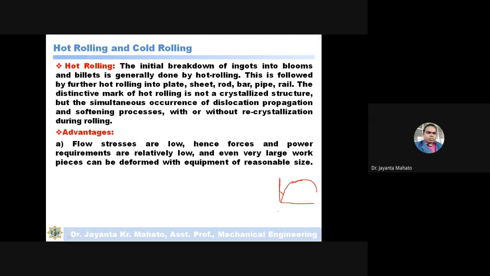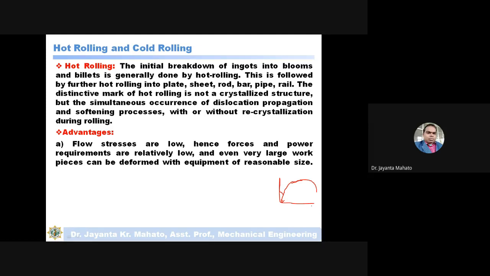So the stress required from initial up to the ultimate tensile strength is called the flow stress, meaning the stress required throughout the deformation. Not a single value, not only ultimate tensile stress or yield strength.